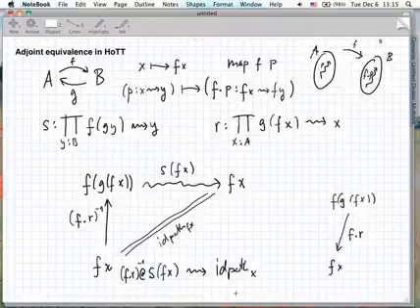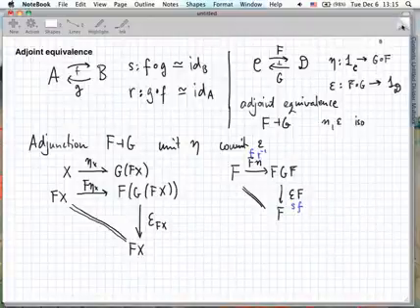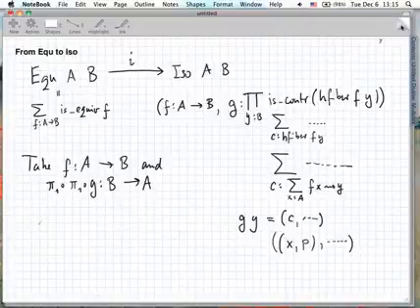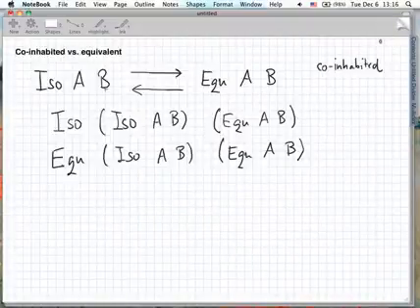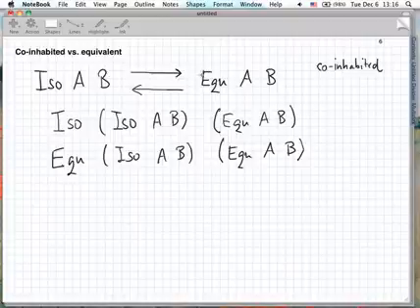So there's going to be a simulation of what is normally called adjoint equivalence in category theory. It exists in homotopy theory. And here is an important observation. You can prove that these two guys are co-inhabited.